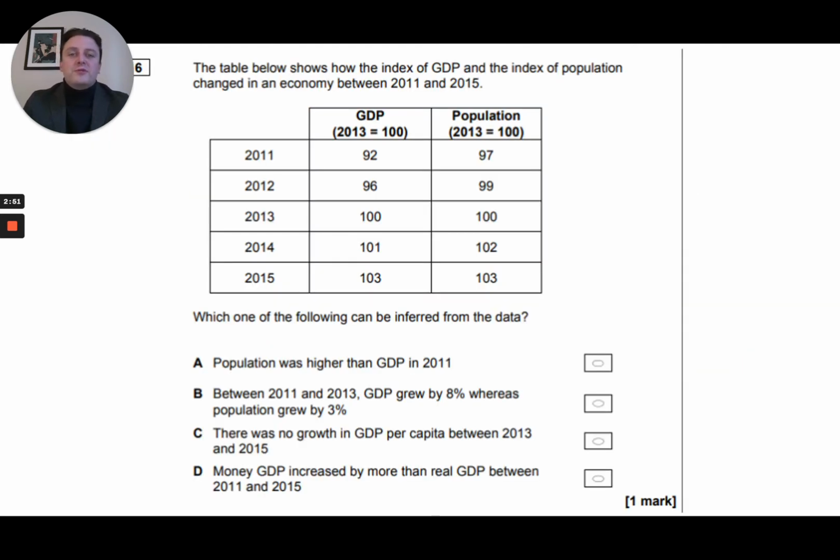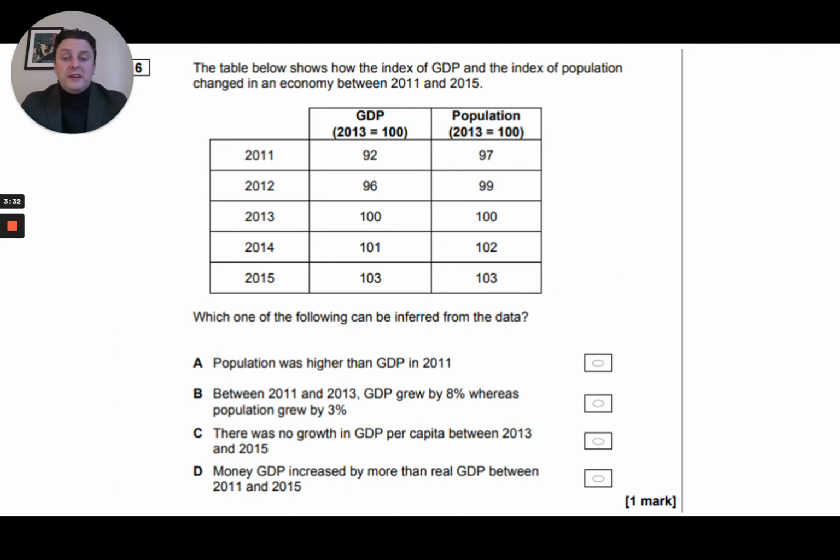Okay, so the following table shows how the index of GDP and the index of population have changed between the years 2011 and 2015. So which of the following can be inferred from the data above? The population was higher than GDP in 2011. Between 2011 and 2013, GDP grew by 8%, whereas the population grew by 3%. There was no growth in GDP per capita between 2013 and 2015.